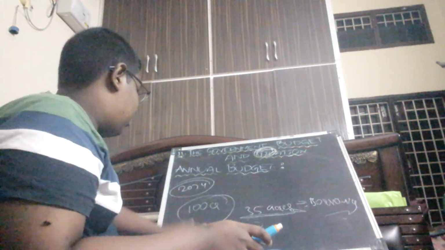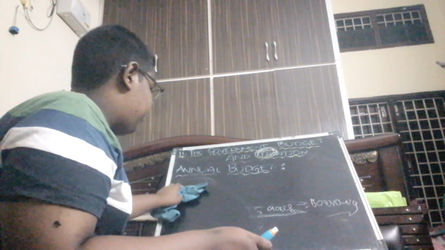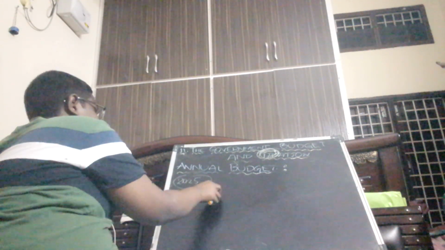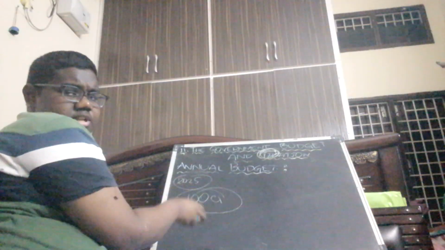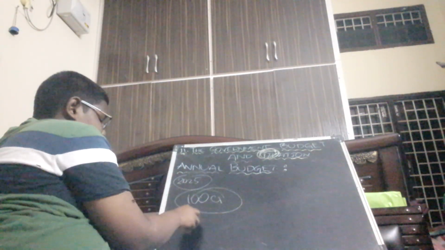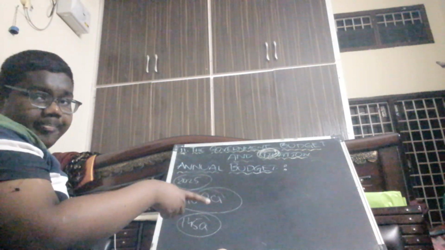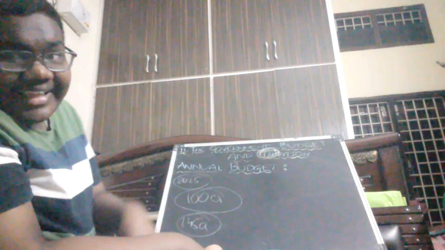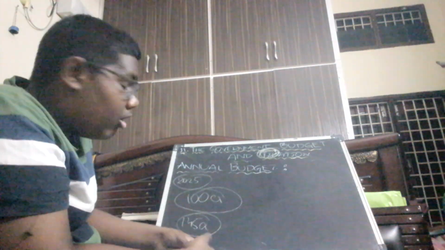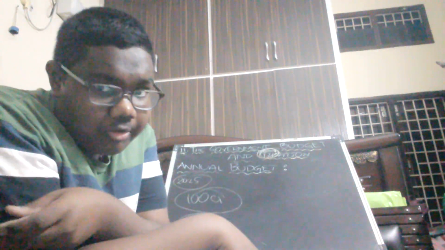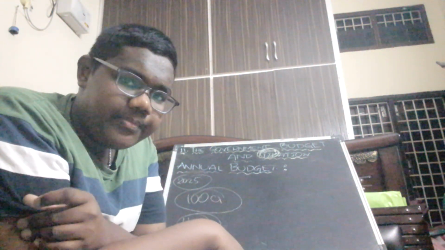Now let us take the same revenue. In the 2025 financial year, same 100 crores, but its expenditure is 145 crore. So how much should it borrow? 45 crore, but it borrows 55 crores.